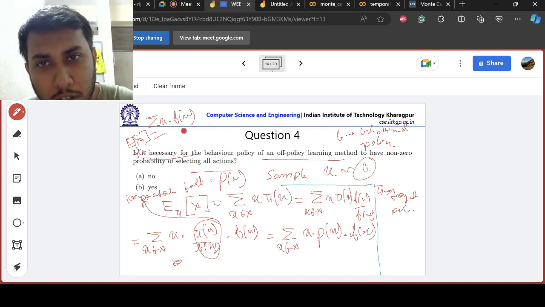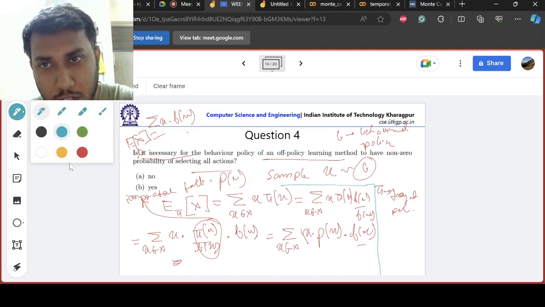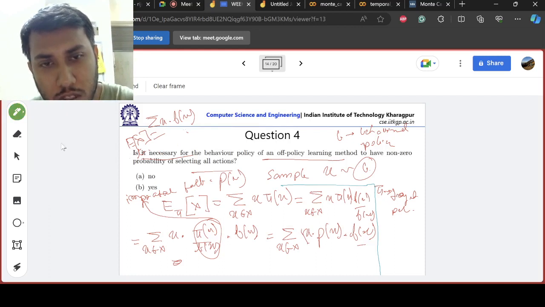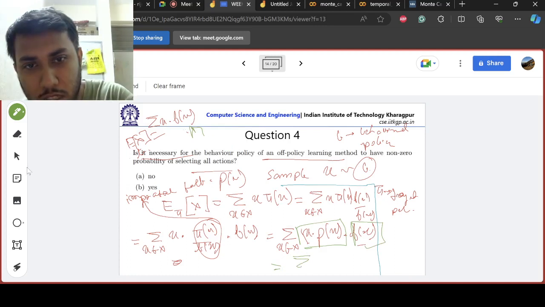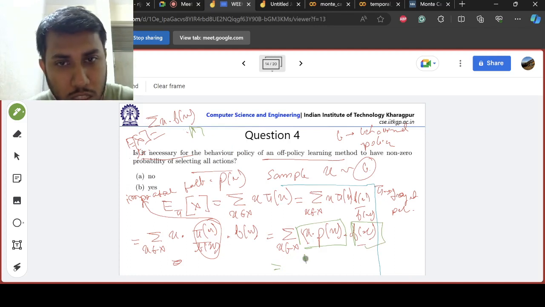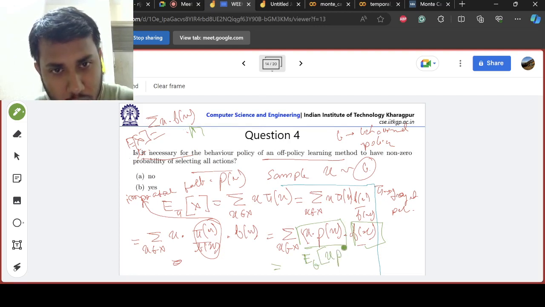Now using this, this is one part and this is another part, and you compare it with this formula, so it becomes the expectation of x times rho of x given b.